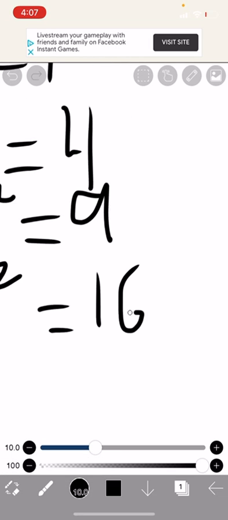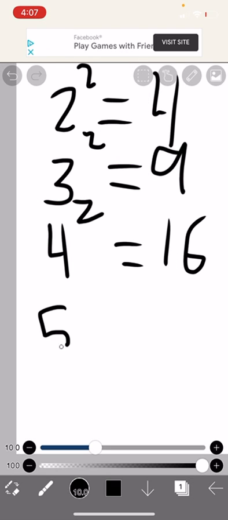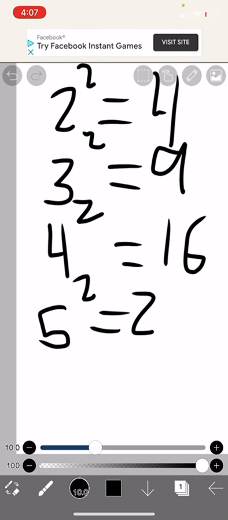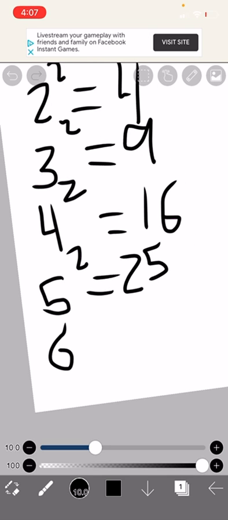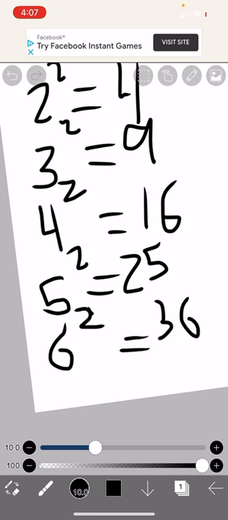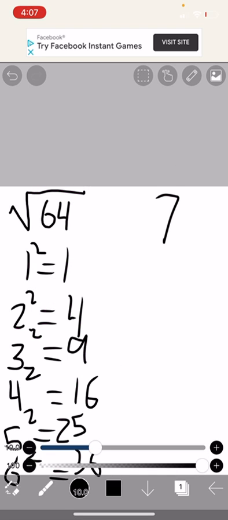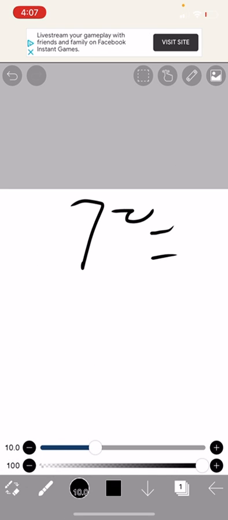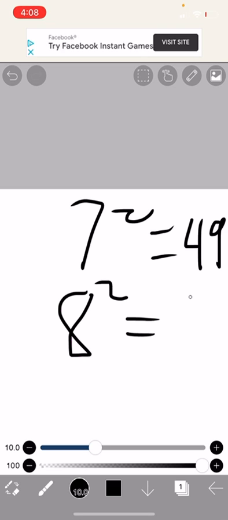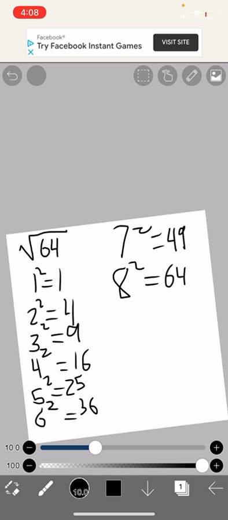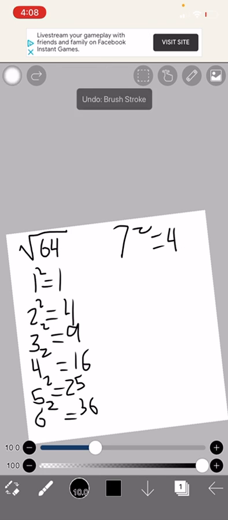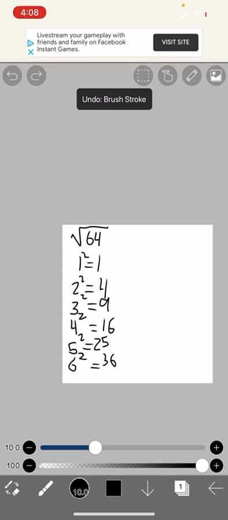Nope, it's 16. 5 squared, nope, that's 25. 6 squared, no, it's 36. 7 squared, 49. 8 squared, 8 times 8, 64. Oh my god, we found it. It's 8.